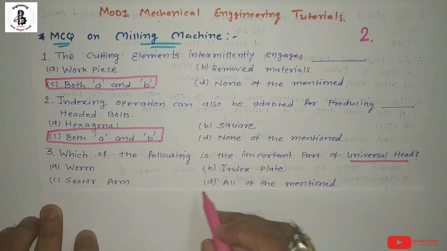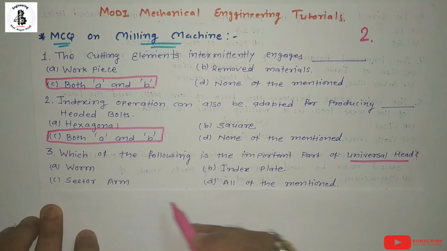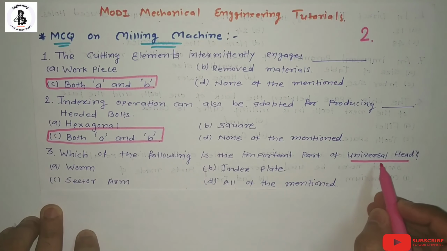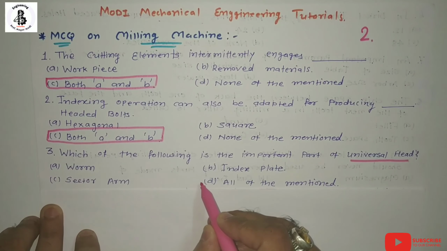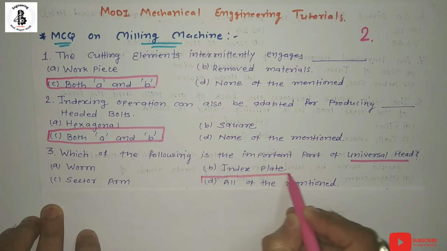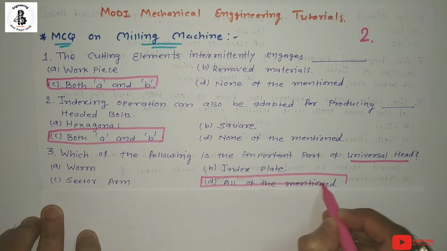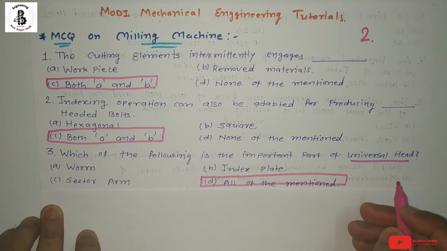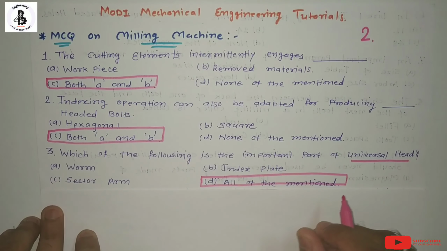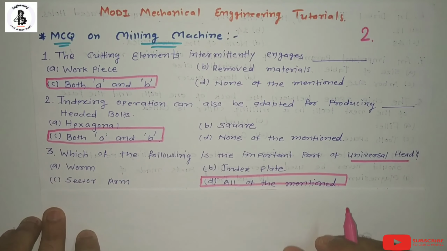So generally all these A, B and C are the important parts of universal head. So the option D. If you want to learn in detail about the indexing mechanism and the basic construction and working of indexing, you will find a link in my description box.